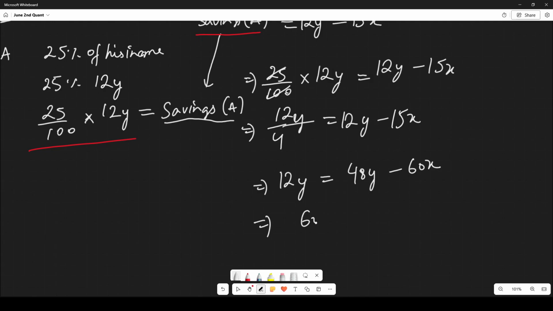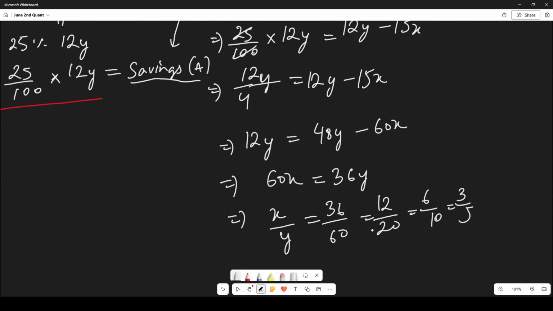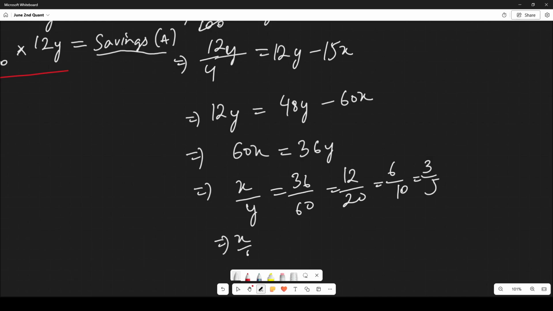You're going to get 60x equals 36y, and so x divided by y equals 36 over 60. Simplifying this, we get 6 over 10, which is 3 over 5. So x to y is 3:5.